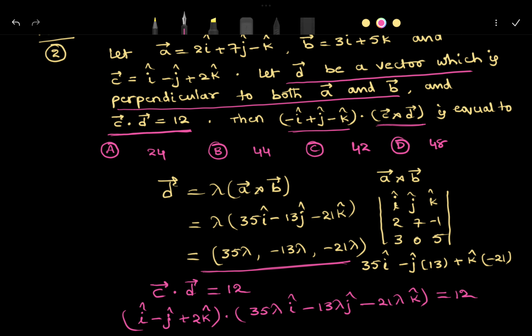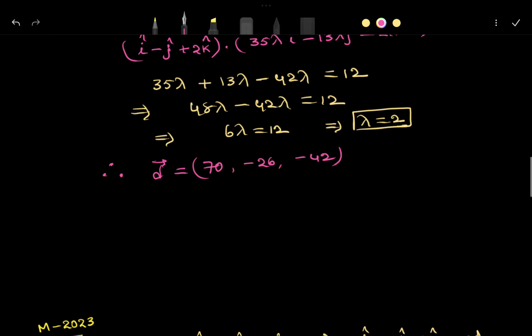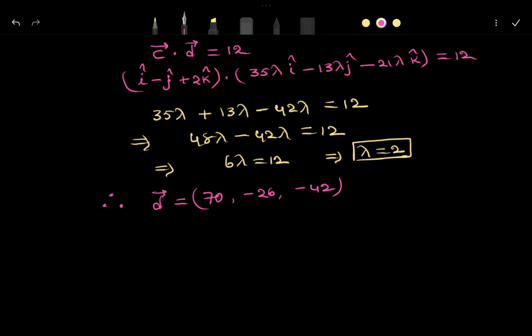So first you have to find c cross d. Here c bar cross d bar is equal to the determinant of i cap, j cap and k cap. C bar components are 1, minus 1 and 2, and d bar is 70, minus 26, minus 42.